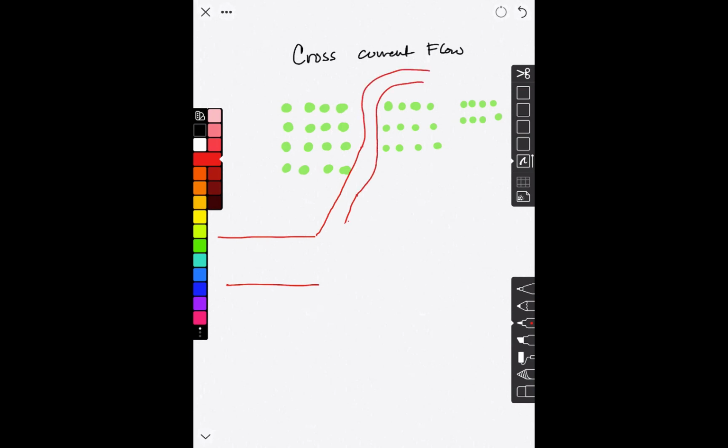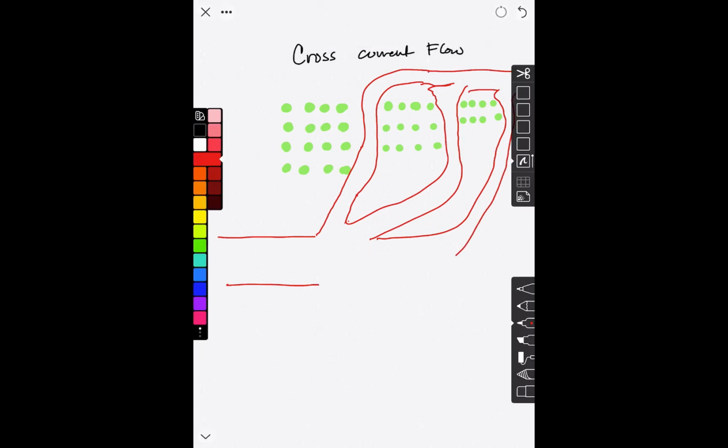1, 2, and they're going to join, and then 3. Kind of amoeba-esque almost. Okay, so what's going to happen is that this vessel right here is going to try to equilibrate with this guy.